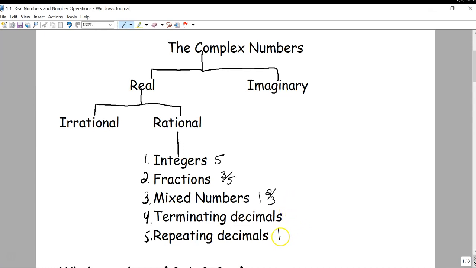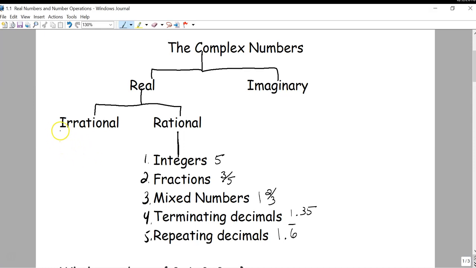So we're going to write it as a repeating decimal, 1.6, and I'm going to put a bar to show it's repeating. And a terminating decimal would be something like 1.35.